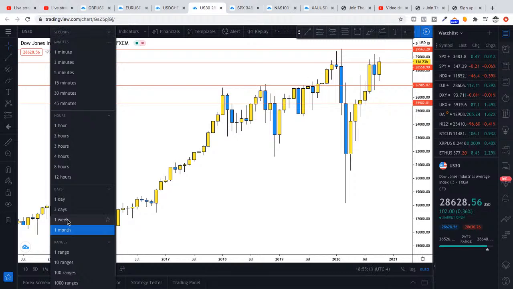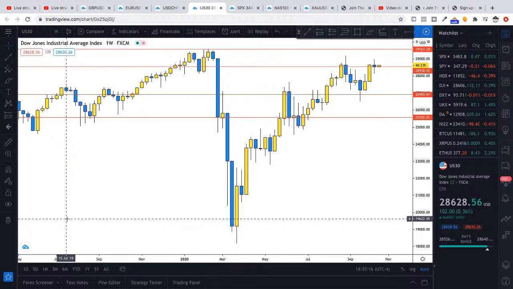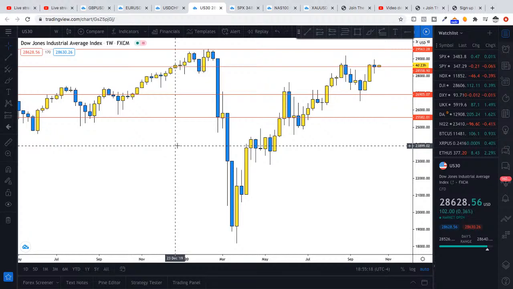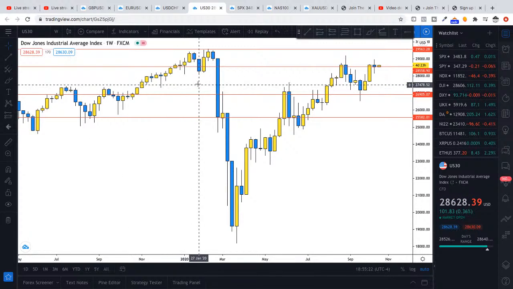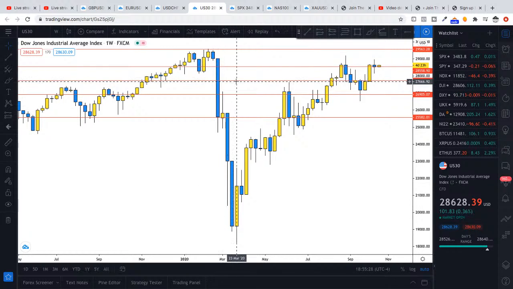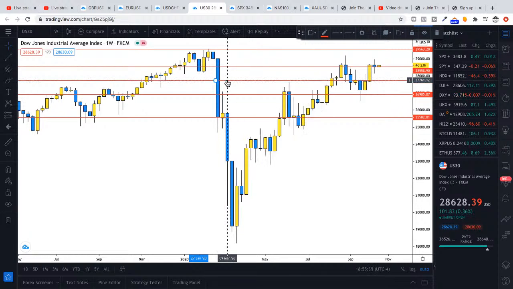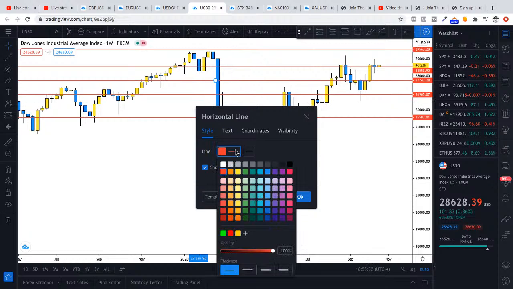Let's jump into the weekly, have a look at it. All right, so this is the weekly chart. You can see that we just took off from this zone right here. Okay, bam, we were out of there. Green candle.